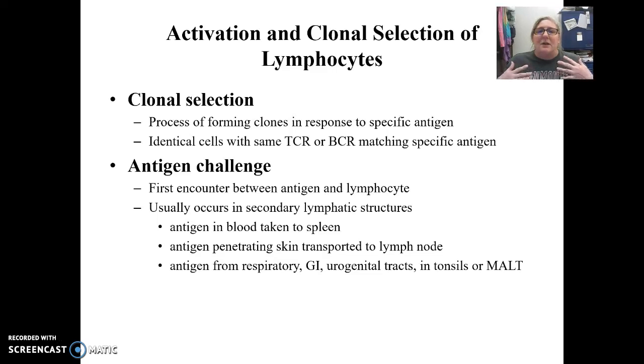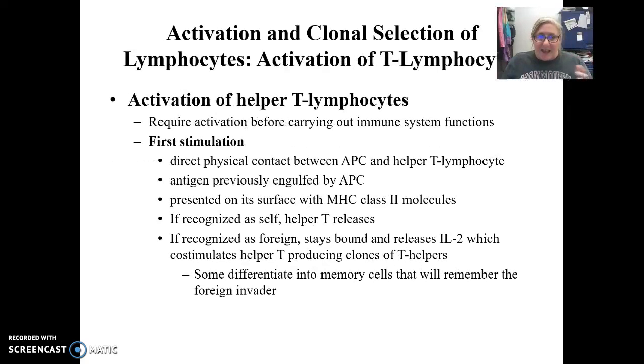It's going to cause B and T lymphocytes to undergo an antigenic challenge. T lymphocytes will respond by attaching to a body cell that has been infected, whereas B lymphocytes will immediately respond to the pathogen itself.